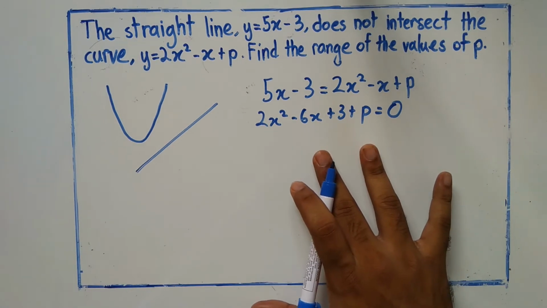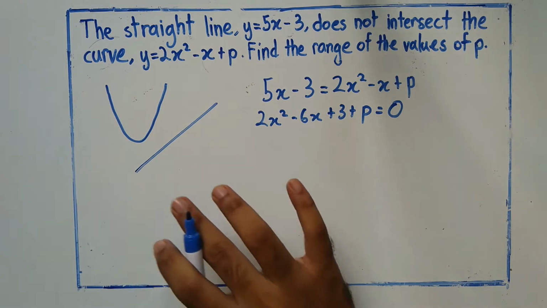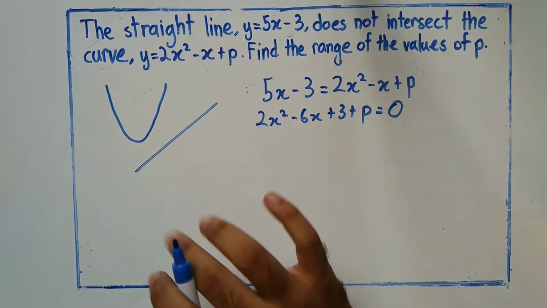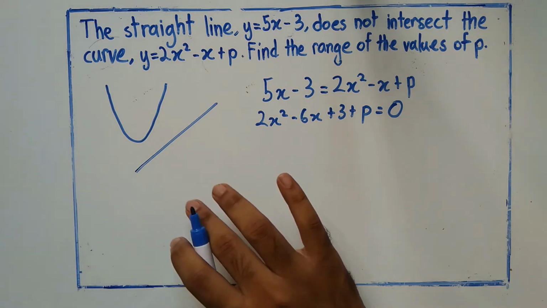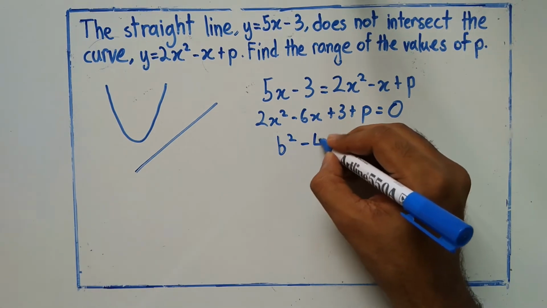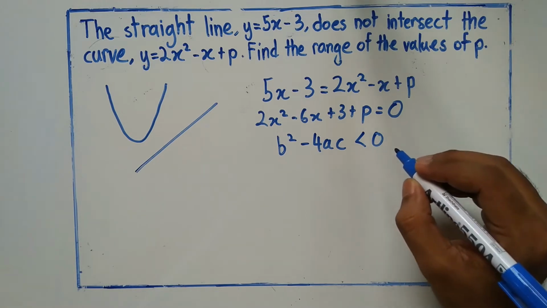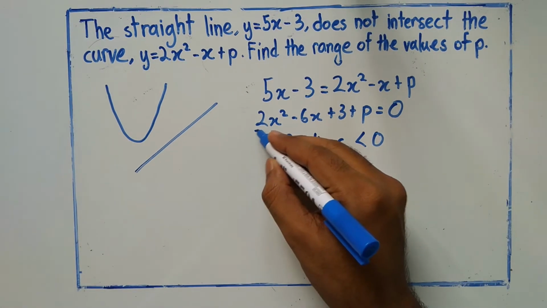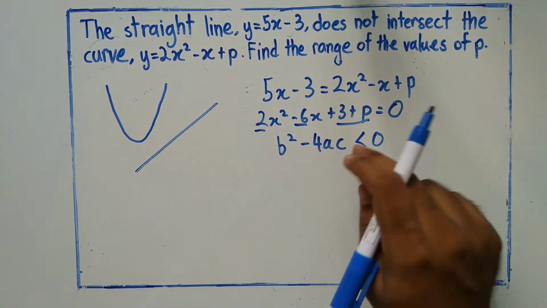After this, we need to understand that there is no intersection between the two functions, which means they do not share a root with each other. When there are no roots, we use the test b squared minus 4ac less than 0. We have the value of a, b, and c, and we substitute the values accordingly.